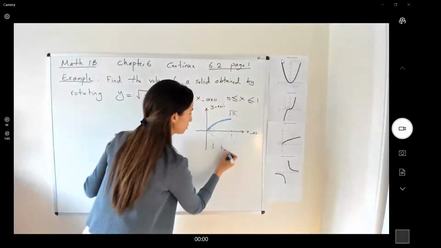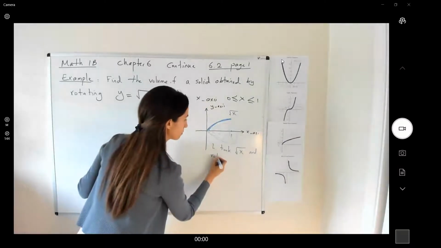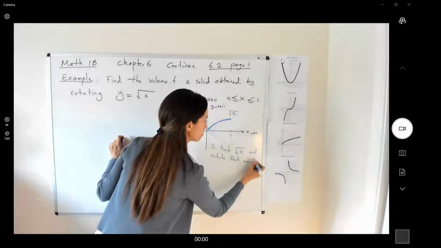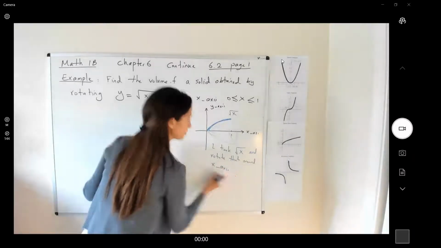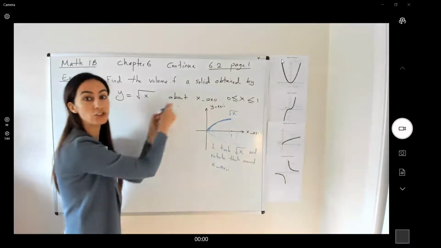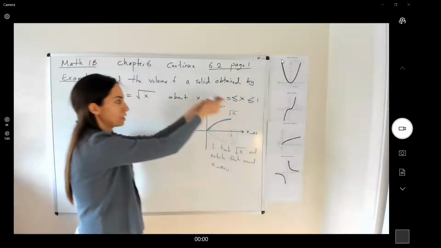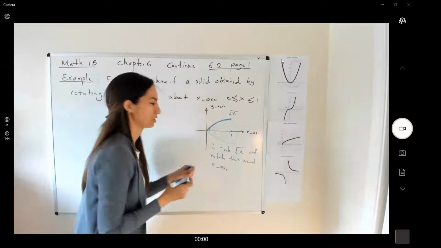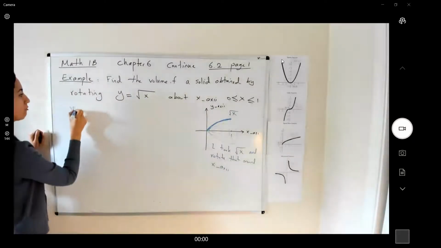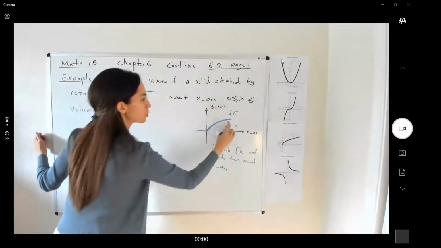So I took square root of x and rotate that around x-axis. If I rotate this around the y-axis, I'm going to get a different shape. So rotation about x-axis, rotation about y-axis is a different story. Now, what is the volume of this new object?